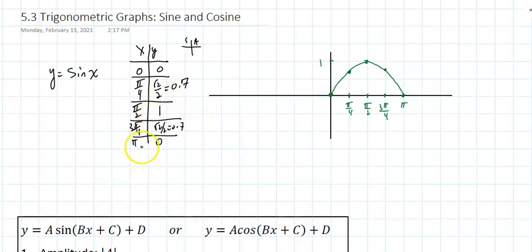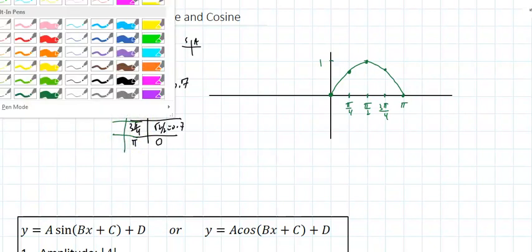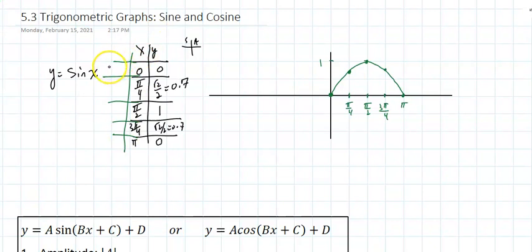Now if I continue on, and let me use a different color for different values of x, if I am to go with 5 pi over 4, 3 pi over 2, 7 pi over 4, and 2 pi.